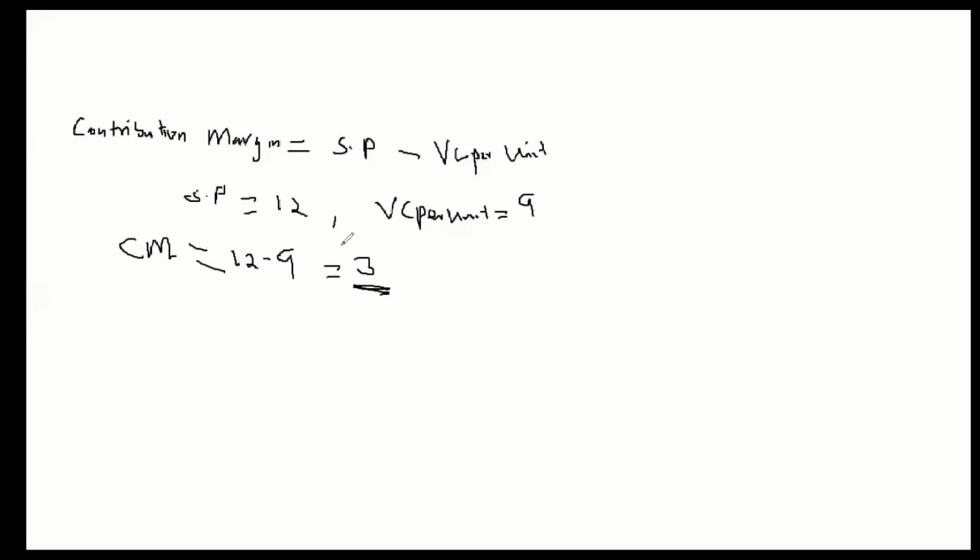For example, if you are told the selling price and the sales as the total figure, and then the total variable costs that were incurred, then you just use the figures to get your contribution margin.